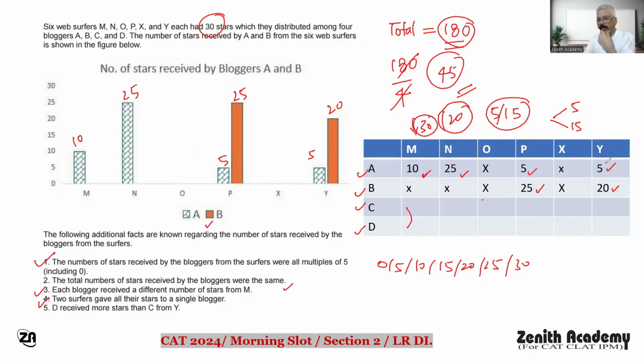And here 5, 25, 5, 20. So only the two web surfers O and X will give all 30 stars to either C or D. And D receives more stars than C from Y. So D will receive more stars.